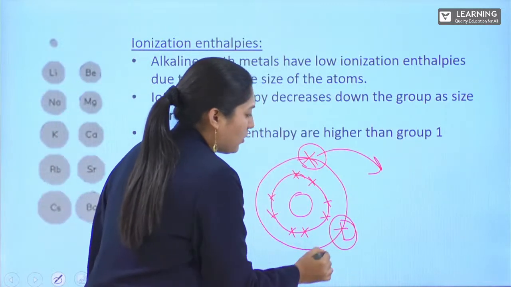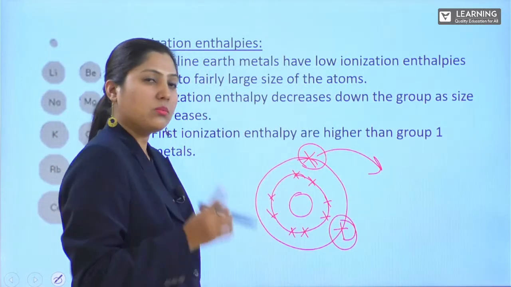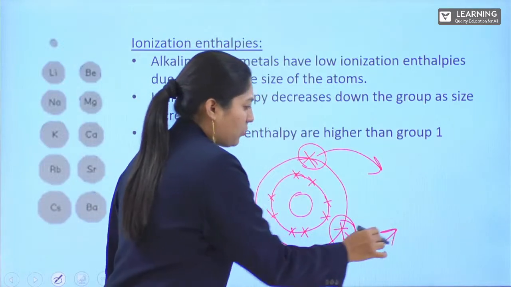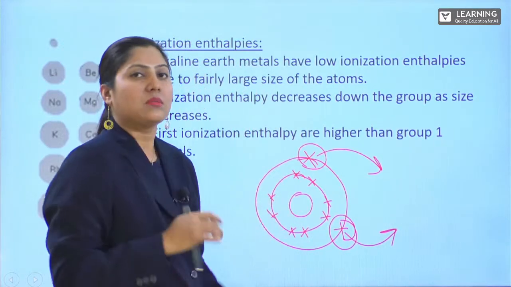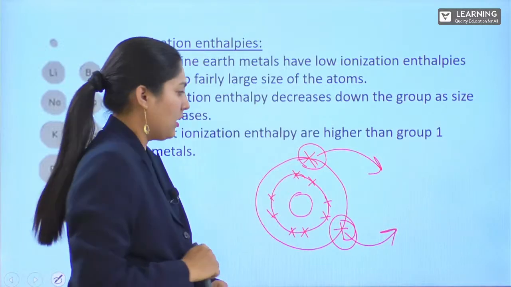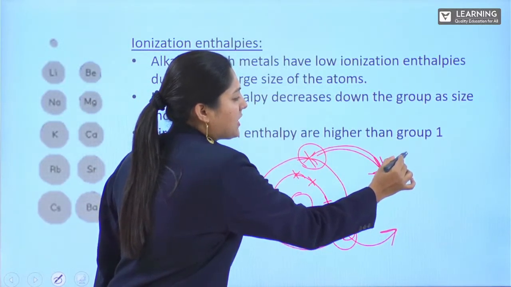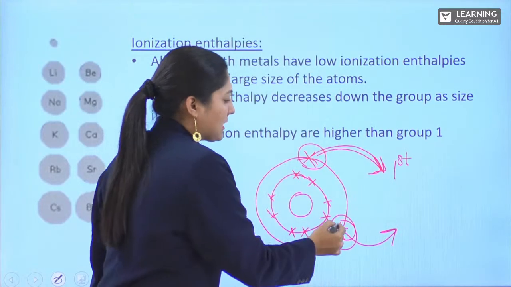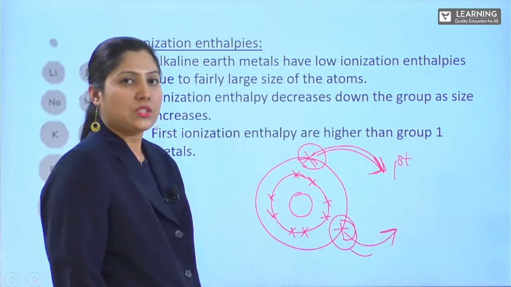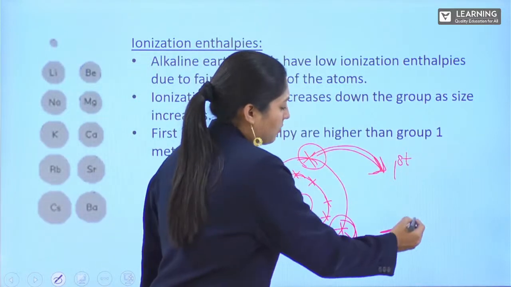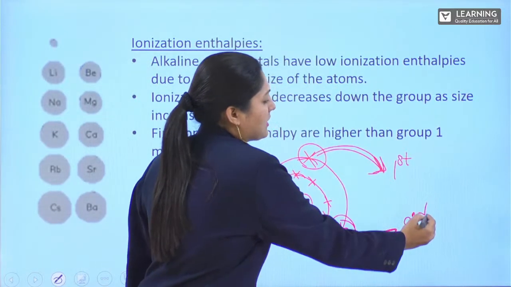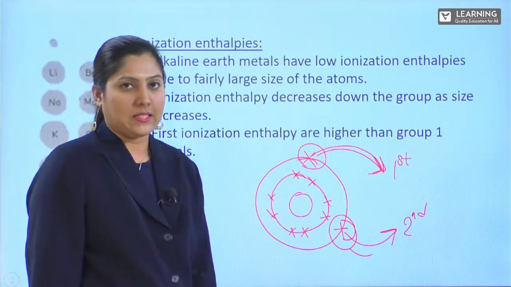And we have one more electron in the outermost shell. If we remove this, we get the atom into a stable configuration, right? So the energy required to remove the first electron gives the first ionization enthalpy, whereas the energy required to remove the second electron gives the second ionization enthalpy.